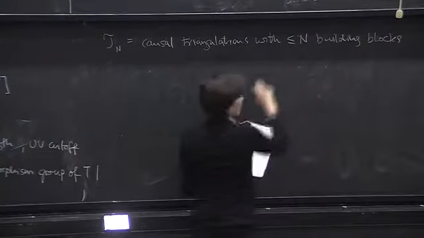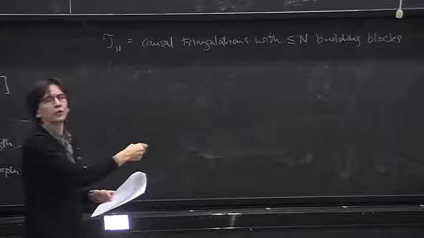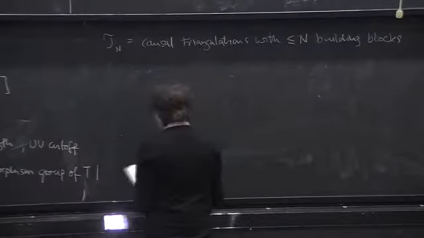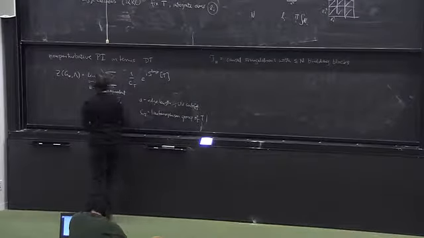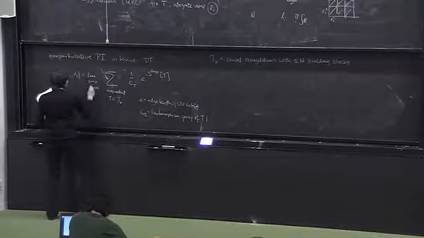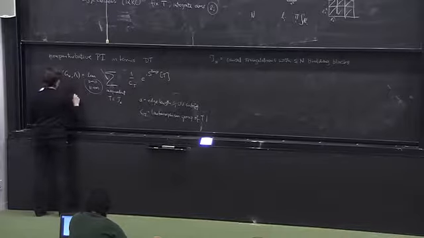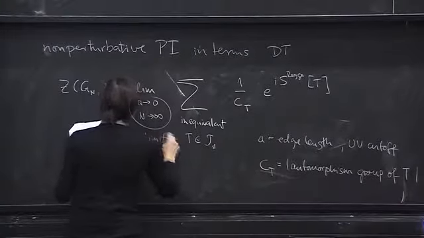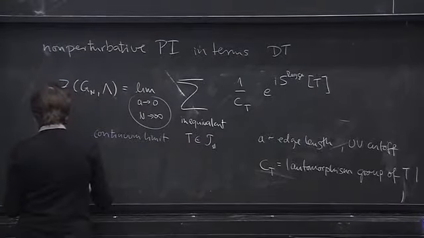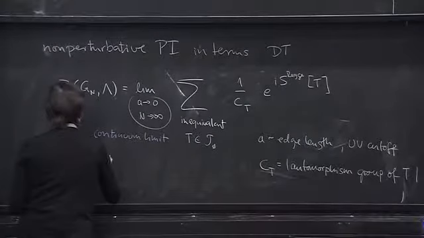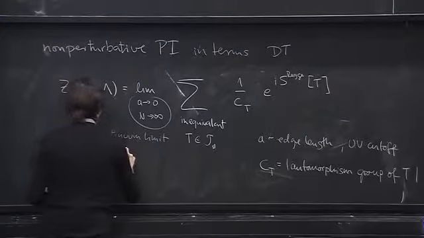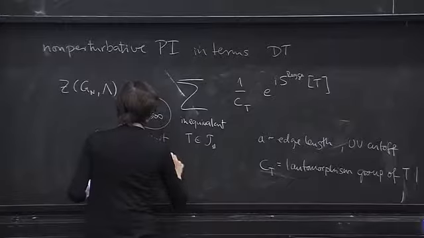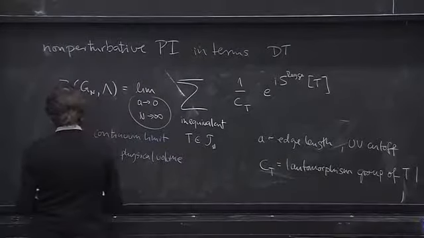Of course, that explains exactly why I want to take N to infinity in the end. So this here is the continuum limit, which you want to perform keeping the physical volume fixed.